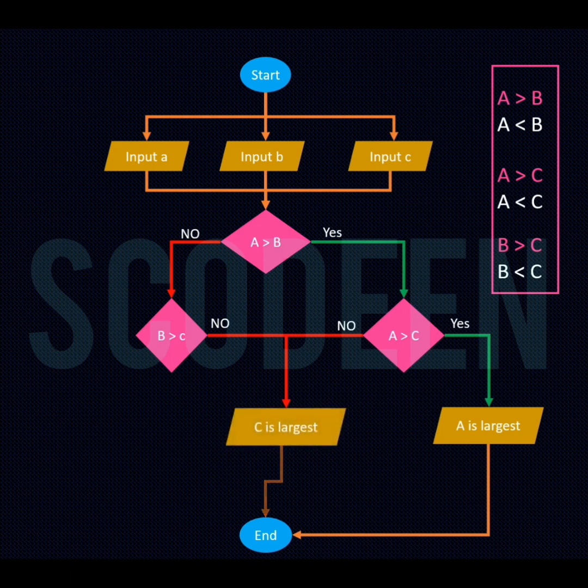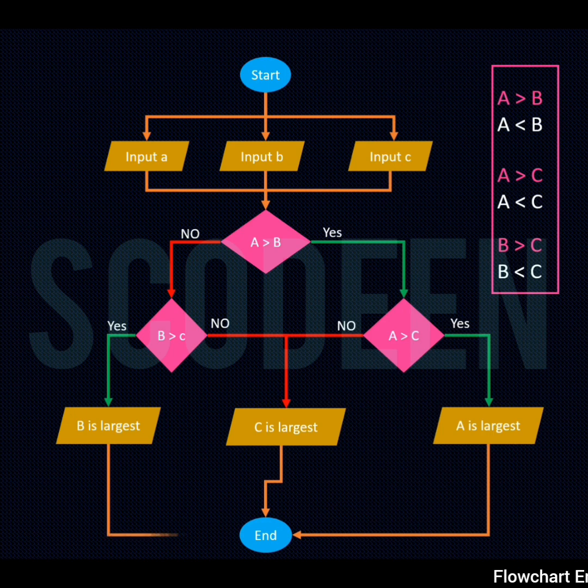And if it is yes, B is greater than C, then obviously B will be largest. So this is the flowchart for comparison mechanism among three.